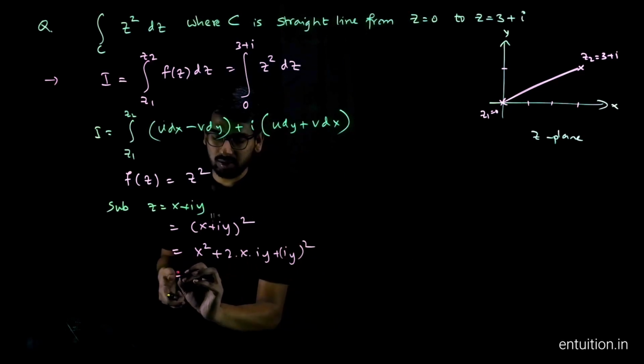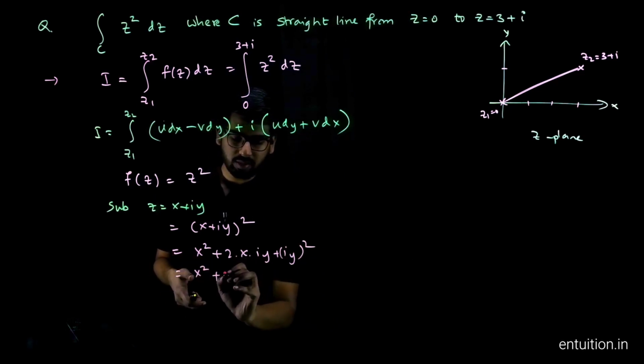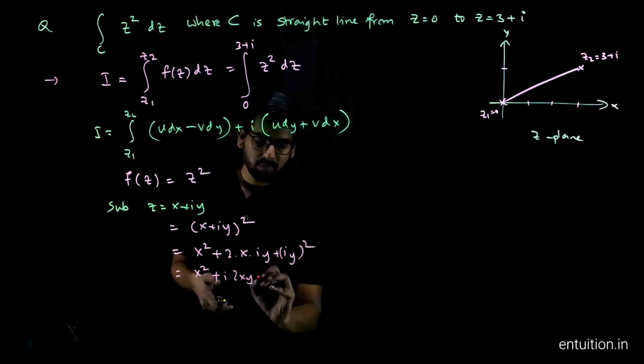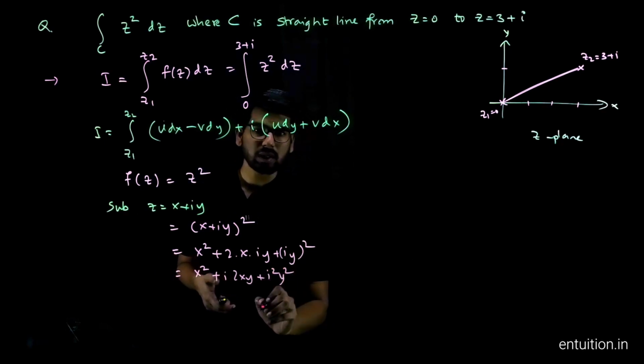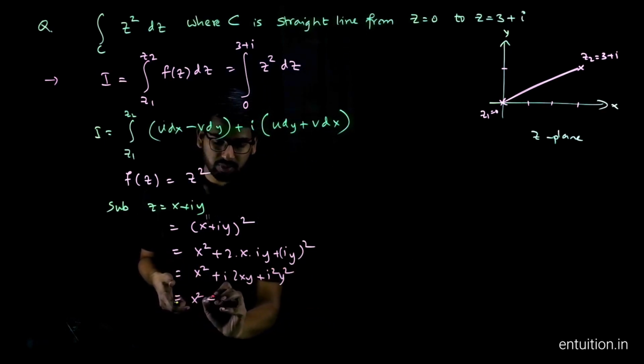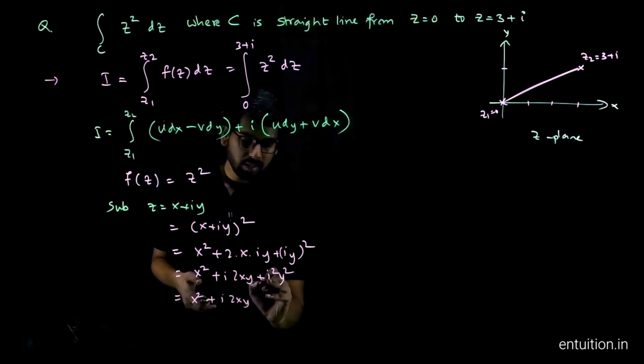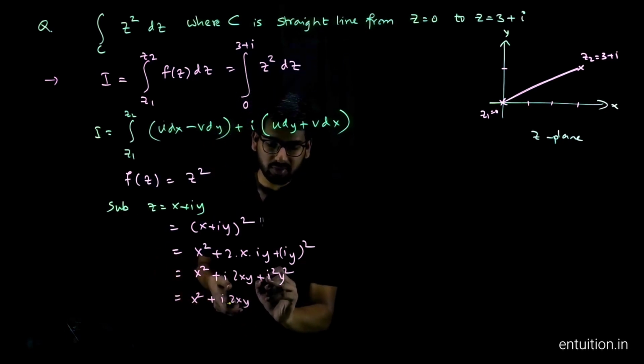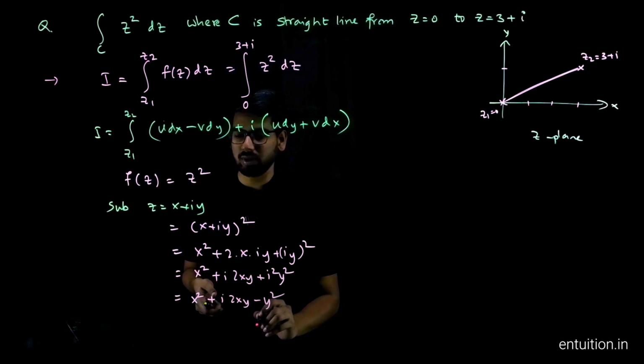That is x square plus i times 2xy plus i square y square. I square is minus 1, so that gives minus y square.